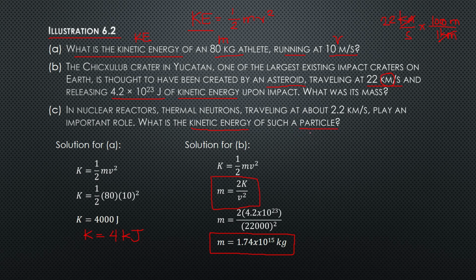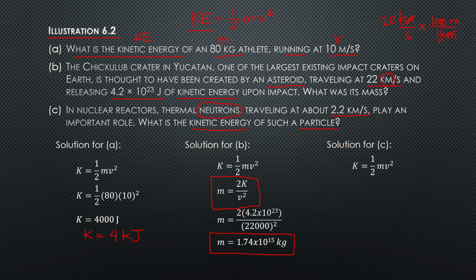The particle is a neutron. The velocity of the neutron is given as 2.2 kilometers per second, or that is 2,200 meters per second. So kinetic energy is unknown, 1/2 mass velocity squared.